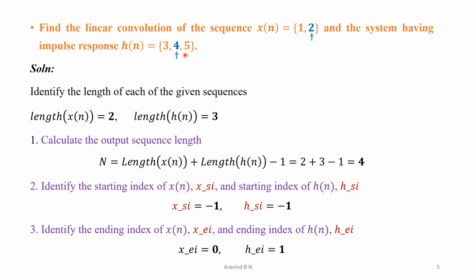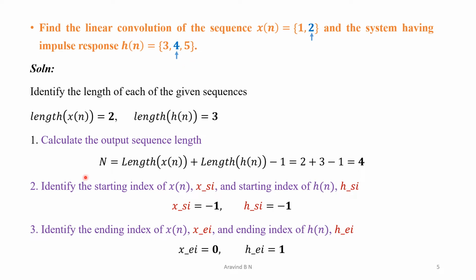Therefore, the location of 5 is 1. So position wise, this is position minus 1, 0 and plus 1. So this is the important thing with respect to linear convolution. That's why mentioning the origin in linear convolution is a must.